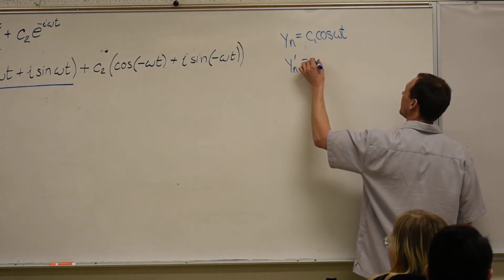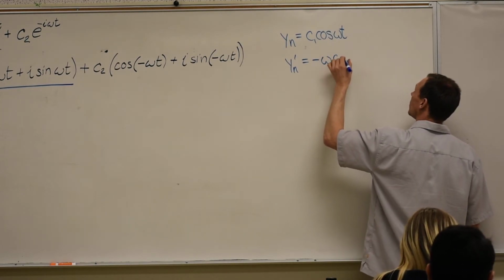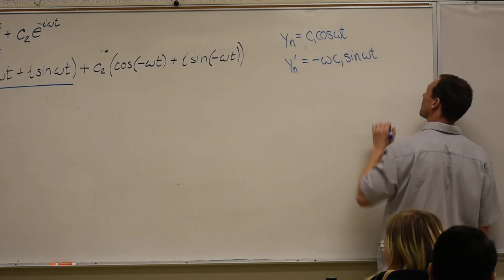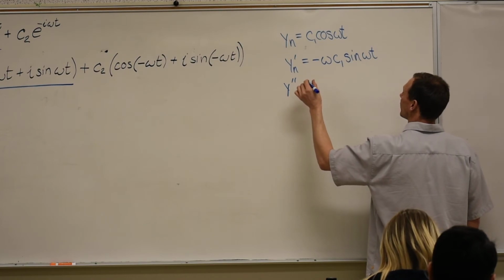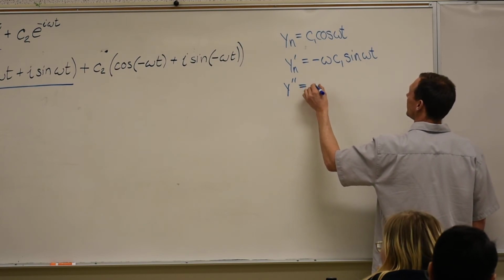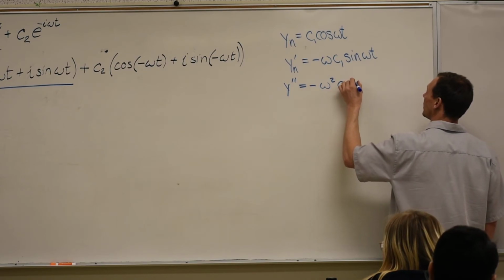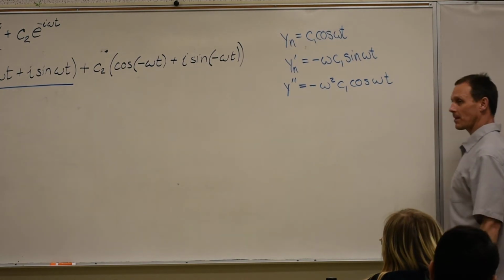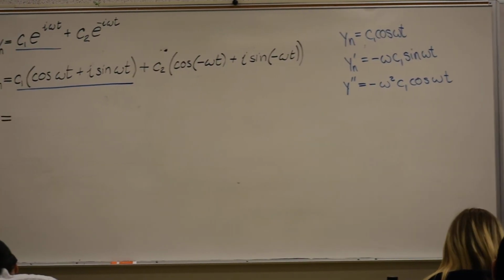So that's going to be minus omega C1 sine omega t. And y double prime is going to be minus omega squared C1 cosine of omega t. And so let's see.